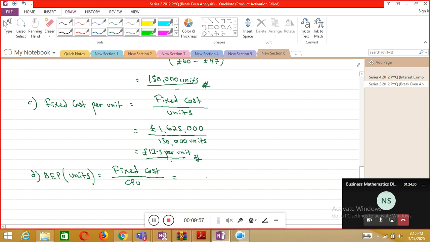Your fixed cost is 1625000 divided by 60 minus 47. How much do you get? That will give you the break-even point.